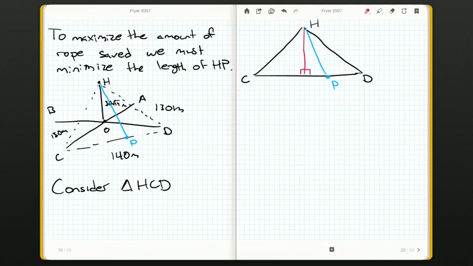We'll call this Q. We know that this is 130, this is 150. We don't have a use yet for the 30 root 11 we figured out in the last part. Maybe we won't use it, but we probably will at some point. 140.